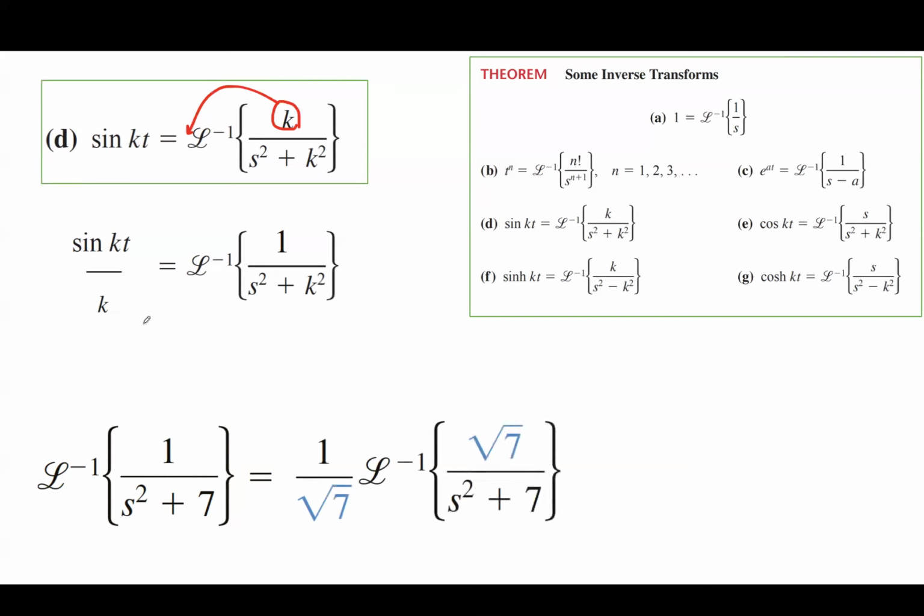Or you could simply write it this way: 1 divided by square root of 7 times the inverse Laplace of square root of 7 divided by s squared plus 7, which is nothing but 1 divided by square root of 7 times sine of square root of 7 times t. So from one formula, we can derive another formula. Guys, please note that you cannot write s in front of the inverse Laplace because s is a variable, but k as a number can be written in front of your operation.